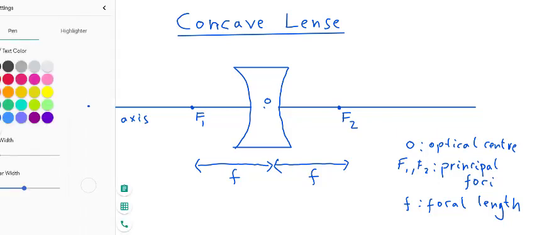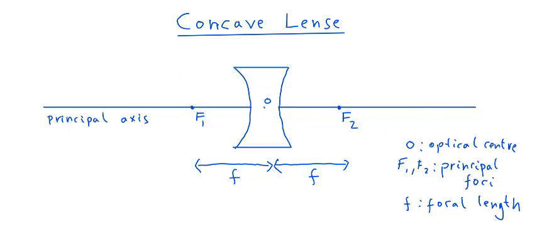So let me change color to say this. Now, when a light ray comes in parallel to the principal axis like this and reaches the concave lens, the lens again affects the light ray.